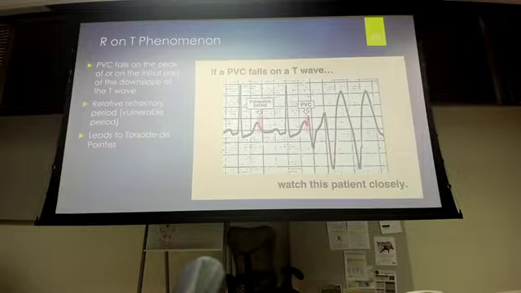That could not have happened if he had been hit a millimeter of a second earlier. He happened to be hit at the exact time of that relative refractory period, that tiny downslope of the T wave, which caused him to go into this potentially fatal arrhythmia, but he had medical care.